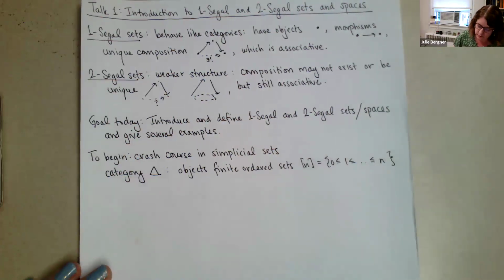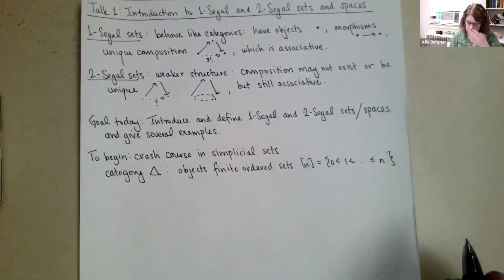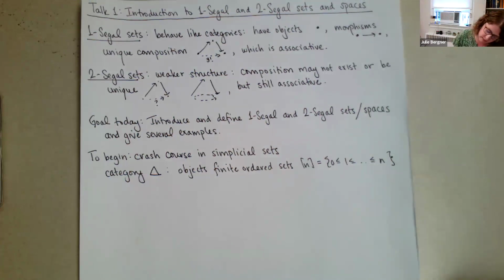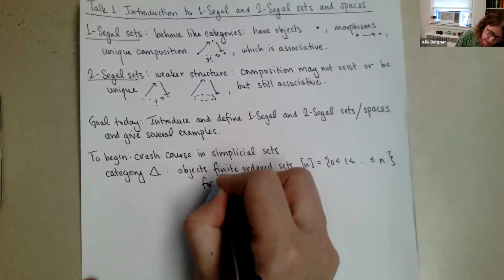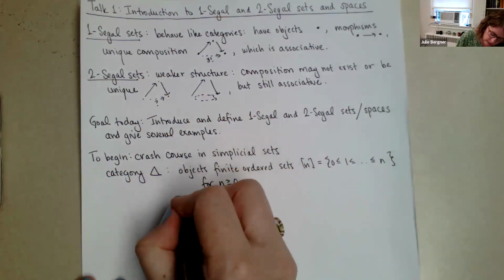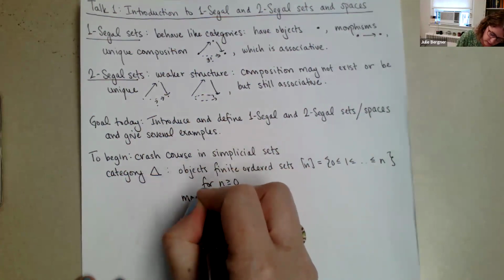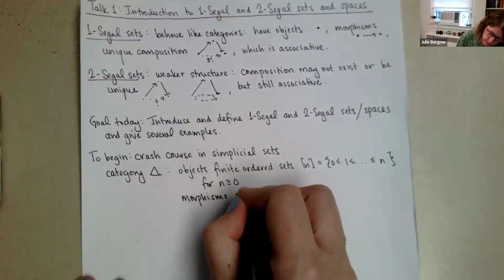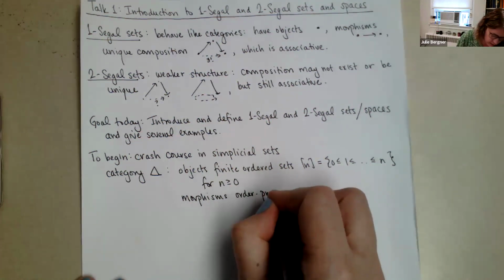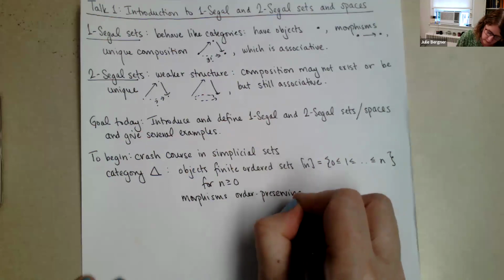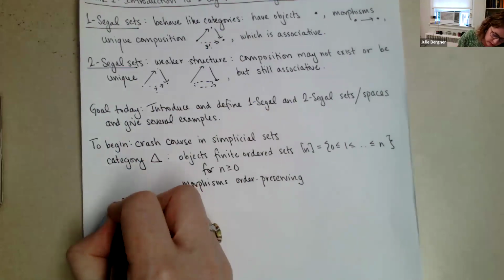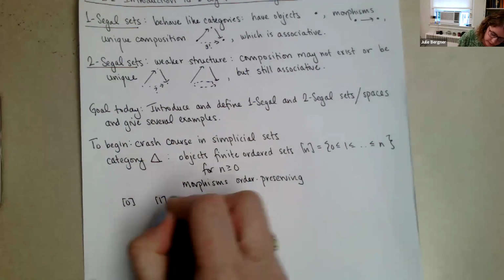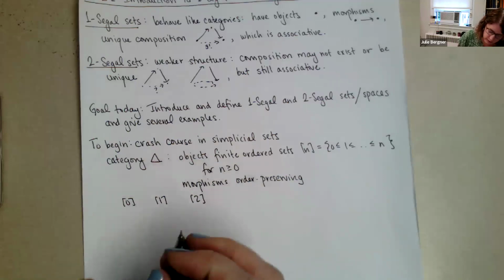Bracket n is the set with n plus 1 elements that we write 0 up to n with your usual ordering. And this is for every n at least 0, and then the morphisms are order preserving. So these assemble into a category.